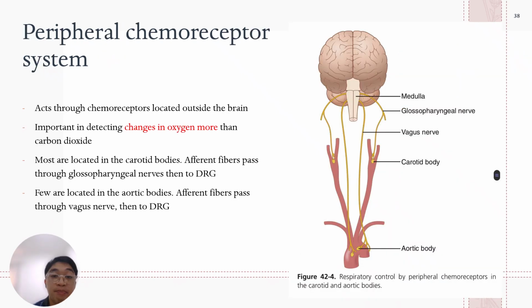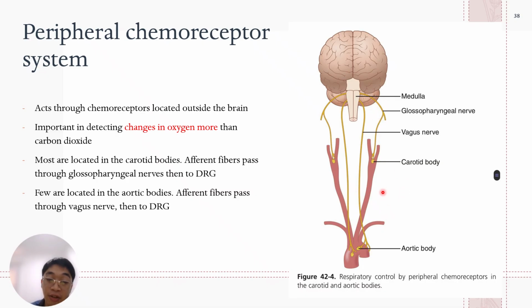Now, we also have the peripheral chemoreceptor system. This acts through chemoreceptors located outside the brain. They are important in detecting changes in oxygen more than carbon dioxide. Most of your peripheral chemoreceptors are located in the carotid bodies, mainly in our carotid arteries, and from the carotid body the afferent fibers pass through the glossopharyngeal nerves towards your dorsal respiratory group for inspiration.